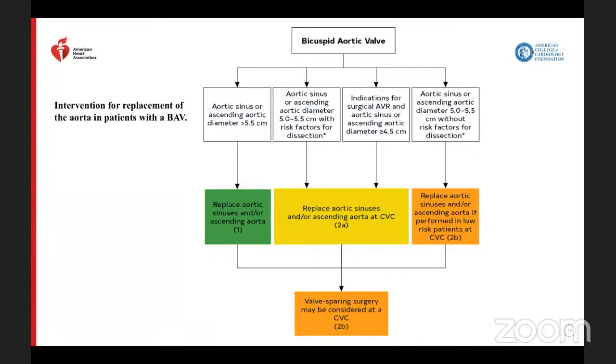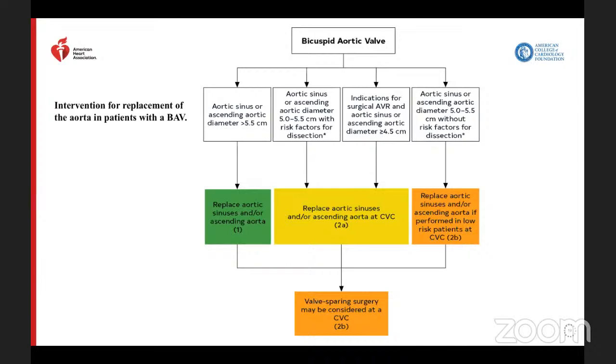It's a class 2B. For a patient with indication for surgical AVR who has bicuspid aortic valve and aortic sinus or ascending aorta diameter of more than 4.5 centimeters, replacing aortic sinuses and/or ascending aorta at a comprehensive valve center is a class 2A, and valve sparing surgery may be considered at a comprehensive valve center, a class 2B.